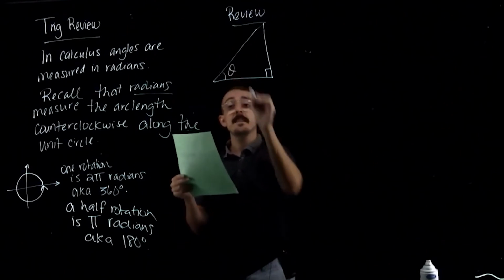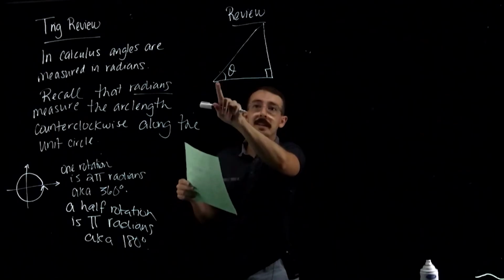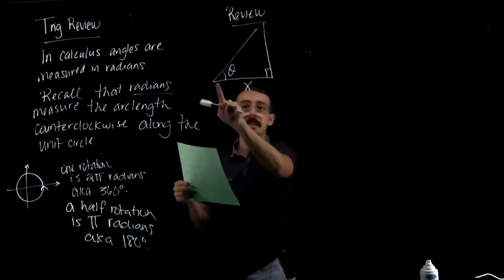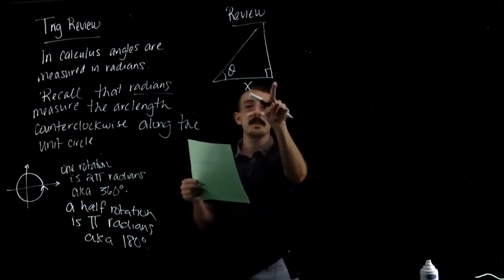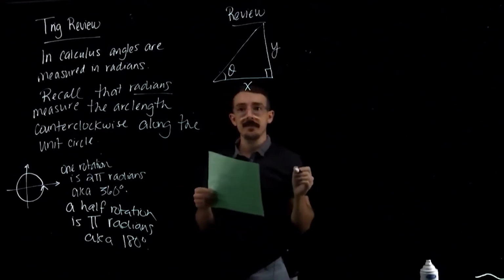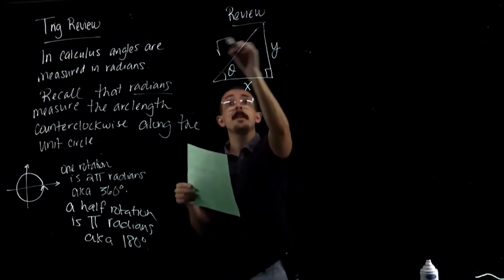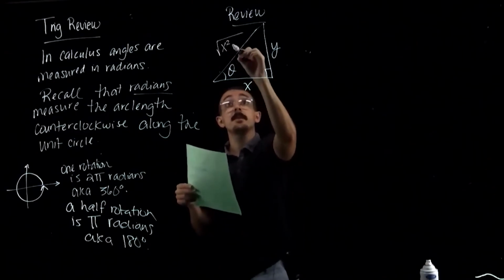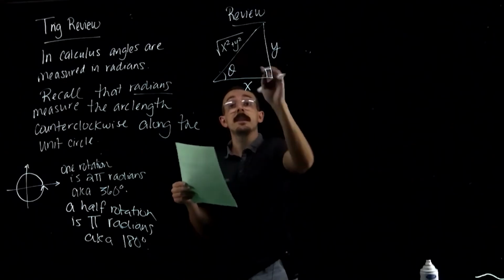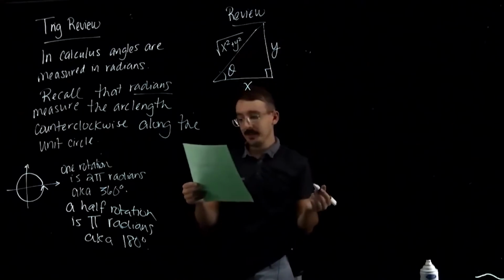Let's say that this theta is the measure of the angle right here, and we'll say x is the distance of the base, like how long the base is, and y is the height. Then, by the Pythagorean theorem, this is equal to the square root of x squared plus y squared. So that's how you find this longest side. So that's called the hypotenuse.